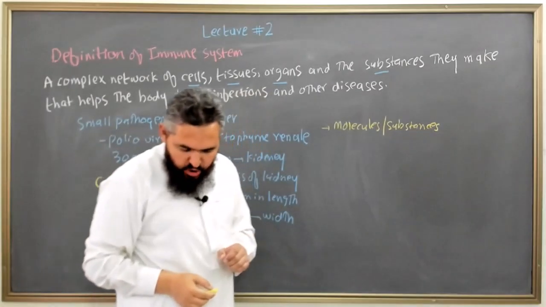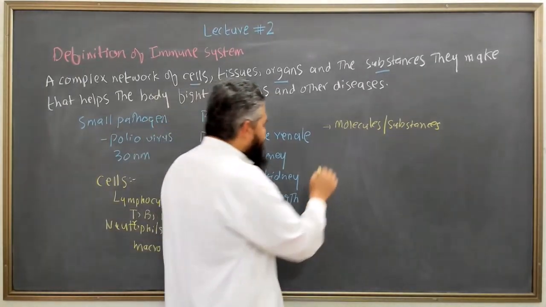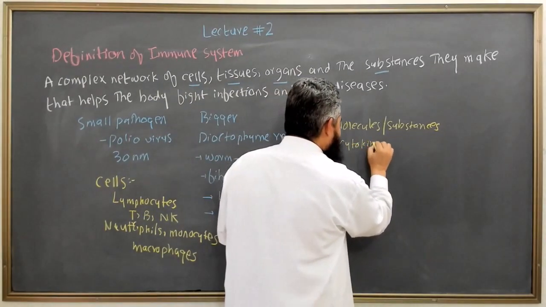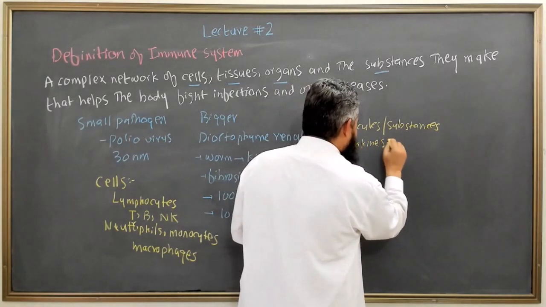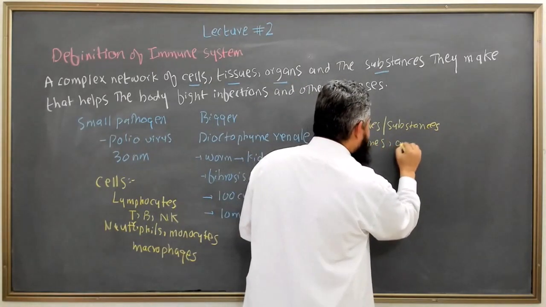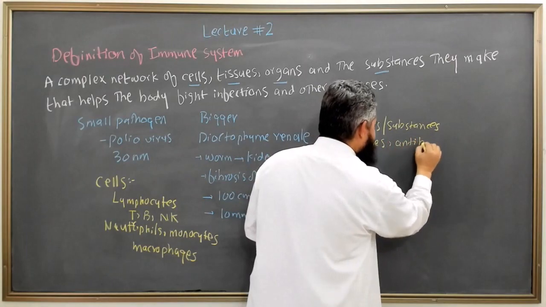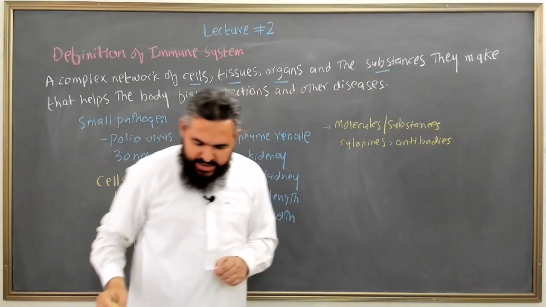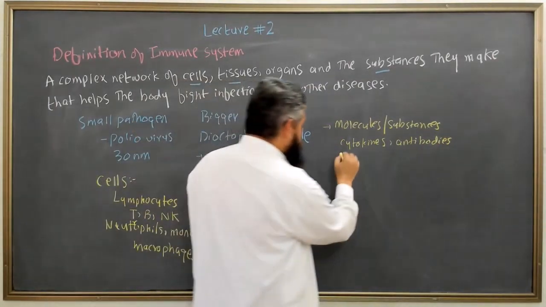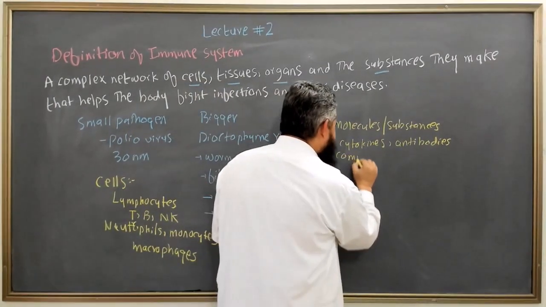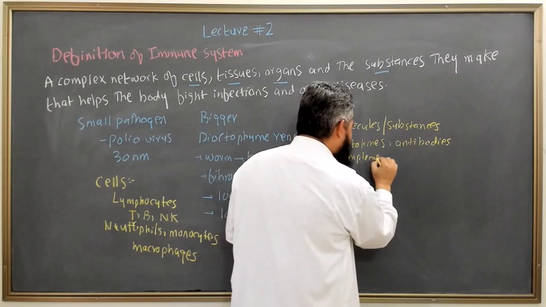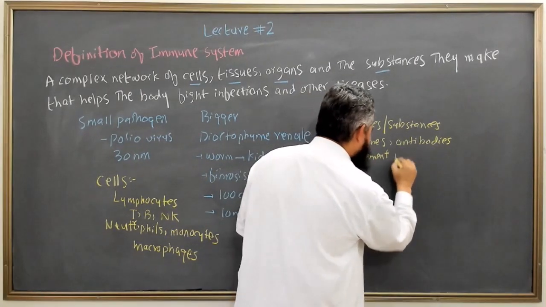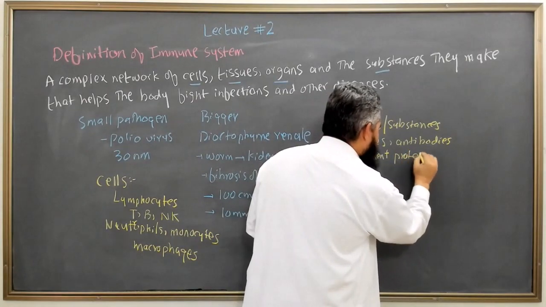The important molecules include the cytokines, the antibodies, and the complement proteins. These are some of the important molecules or substances that are part of the complex immune system.